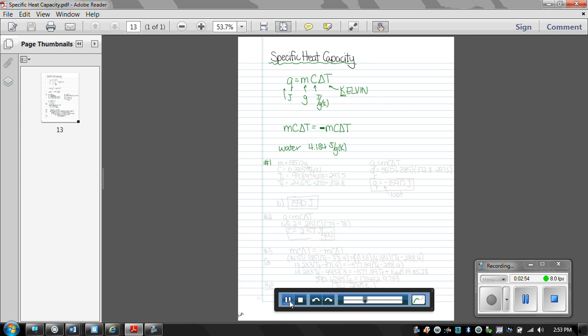For those of you that would like a little help, so for number 1, the mass of the copper is listed at 55.0 grams. Specific heat of copper, you can look up on the table on the front, is 0.385 joules per gram Kelvin. The initial temperature of the copper in the problem, it says, is 99.8 degrees Celsius, and the final temperature is 24.5 degrees Celsius. Now we do need to convert these into Kelvin.